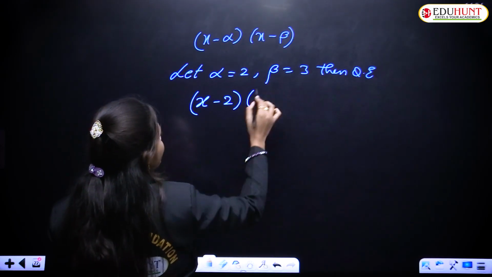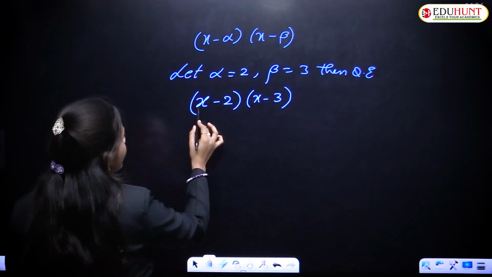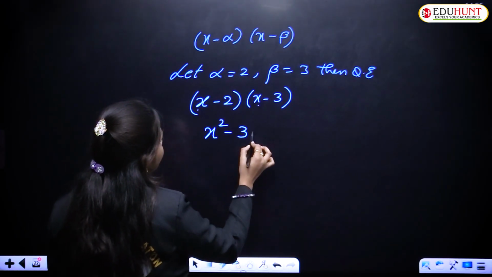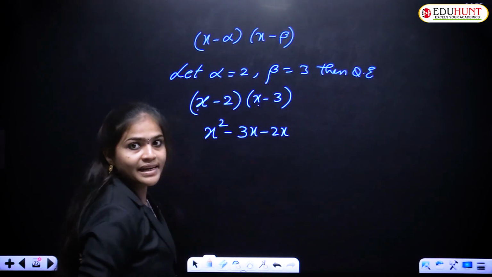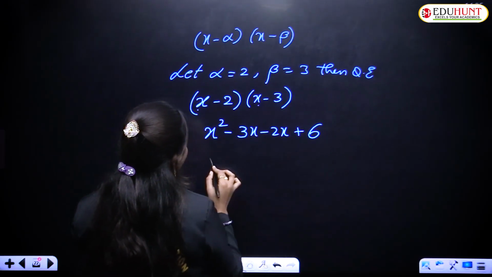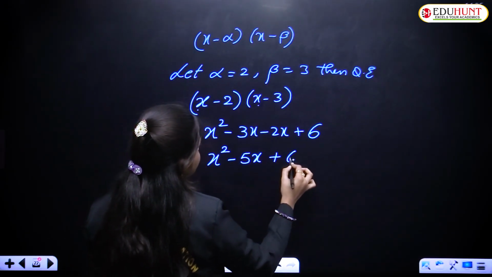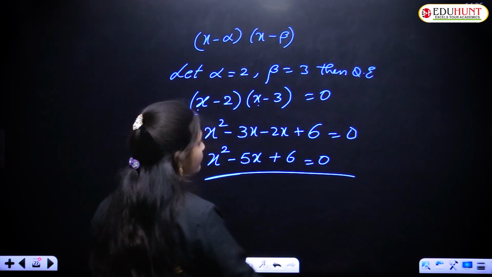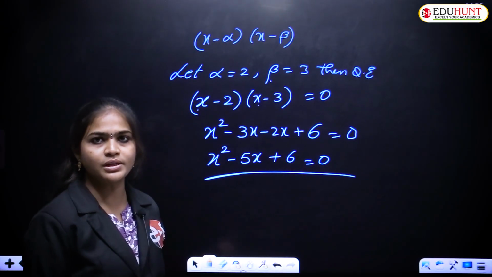Now simplify this: x into x, x square, x into 3, minus 3x, minus 2 into x is minus 2x, minus into minus is plus, 2 into 3, 6. So x square minus 5x plus 6, which is equal to 0.